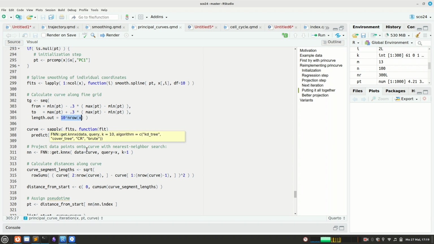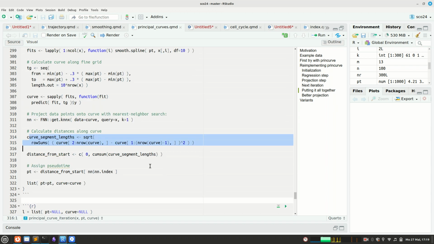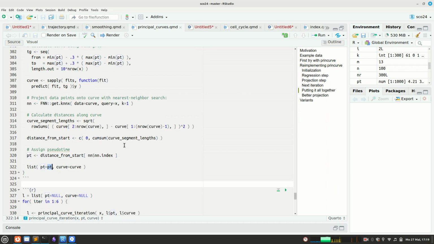Then find for each data point the closest curve point. Then calculate for each curve point how far it is from the beginning of the curve by adding up all the segment lengths. With that, find out what the new pseudo-time is, and then report the new curve and the new pseudo-time.